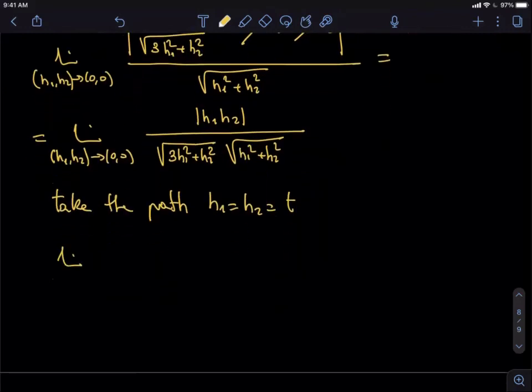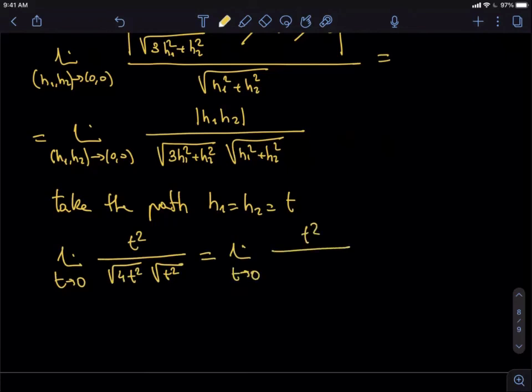So this is the limit as t tends to 0 of t squared divided by the square root of 4 t squared, square root of t squared. So that is the limit as t tends to 0 of t squared divided by 2, since I have absolute value of t times itself, that's t squared. So this is 1/2, different from 0.